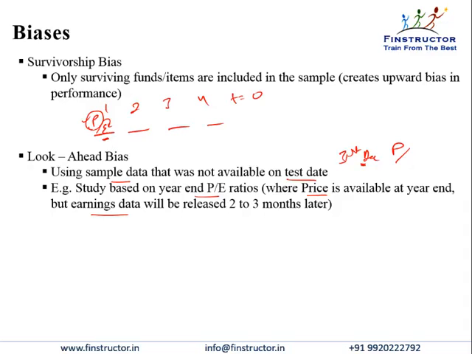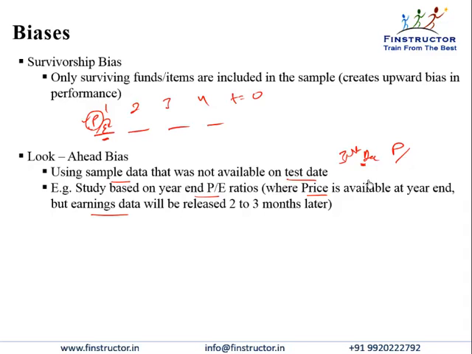You know it because you are working in hindsight. So if I do the PE ratio analysis in this way, that is, I use the year-end stock price and the year-end earnings data, then I'm ignoring the fact that people at this stock price did not know what the earnings would be. So concluding anything out of this type of analysis may be incorrect.